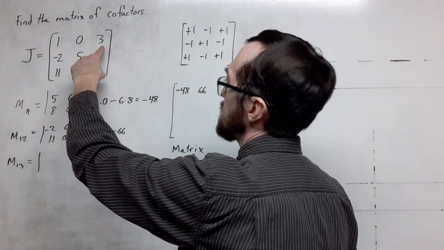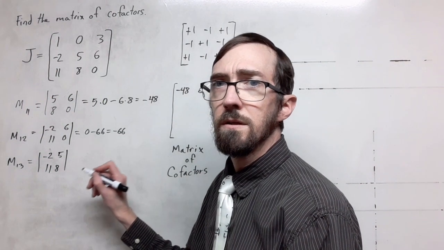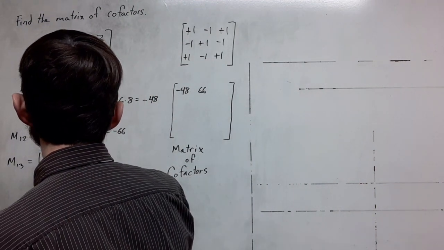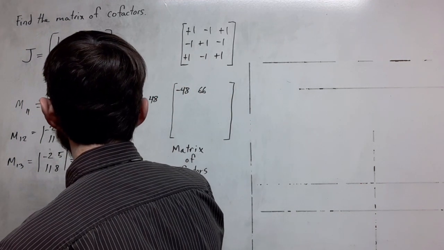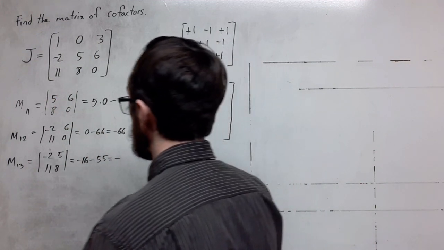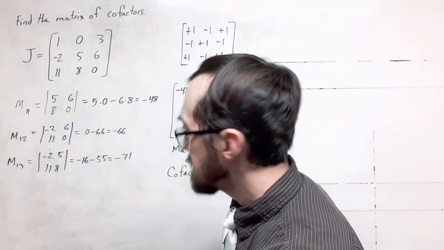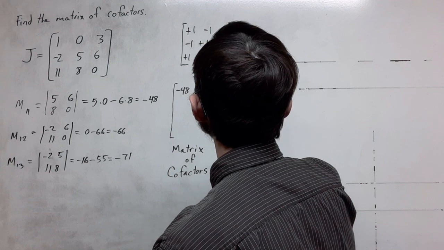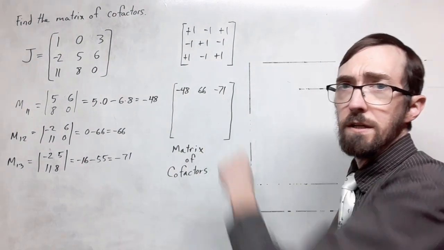Moving on to position 1, 3, we are going to eliminate this row and this column. We need the determinant of this matrix. -2 times 8 is -16. Subtract 5 times 11, which is 55. This is going to give us an overall negative difference. We're multiplying by a +1 to this number, giving us the cofactor of -71.